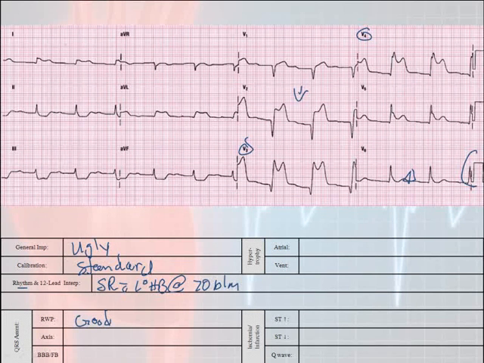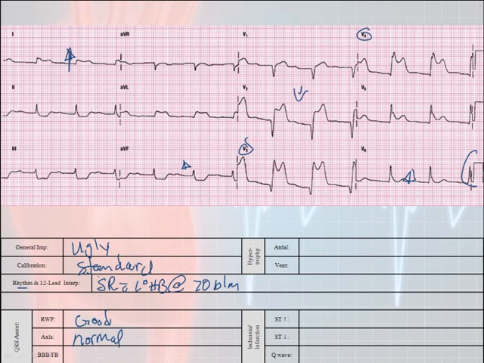A quick look at my axis. Lead 1 looks like it's pointed up. It's supposed to be an up arrow. AVF might be biphasic, but it looks like it might be up. So I'm going to say that this is a normal axis, not a normal axis deviation, because if it's normal, it is not deviated.